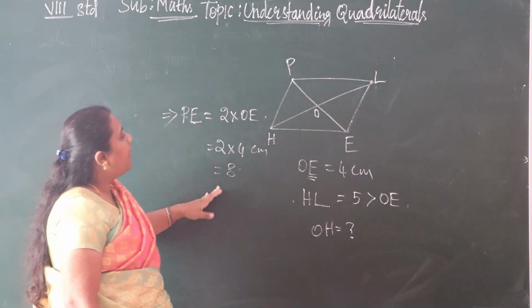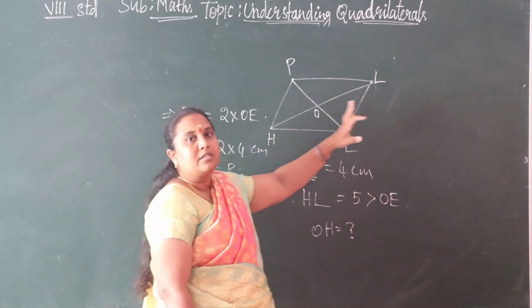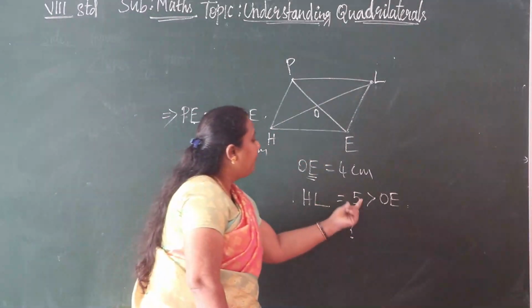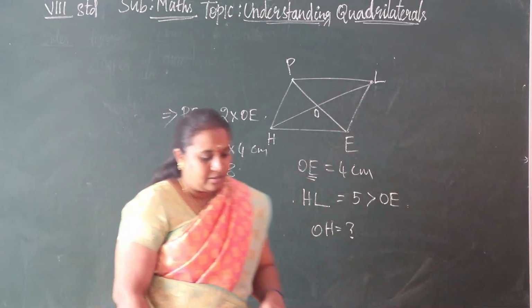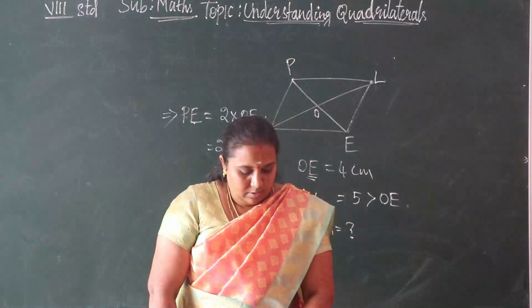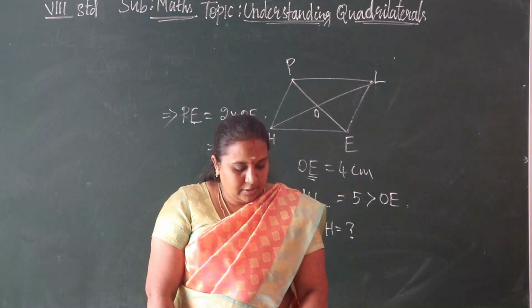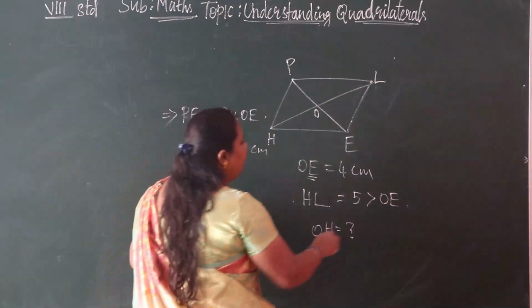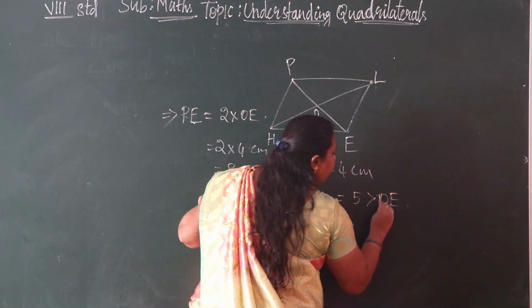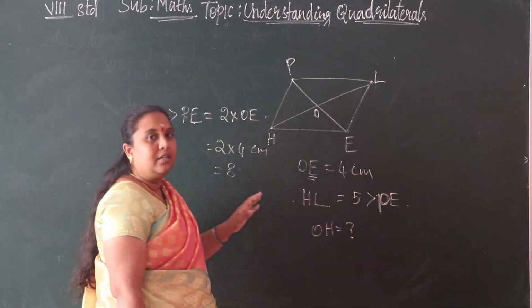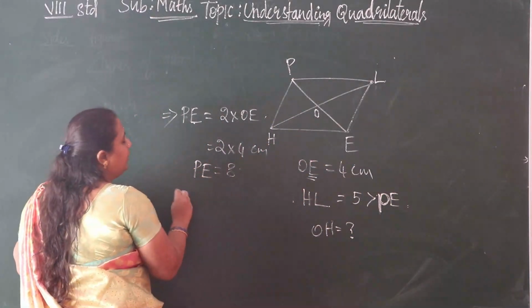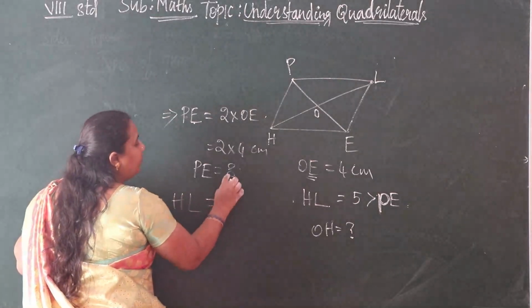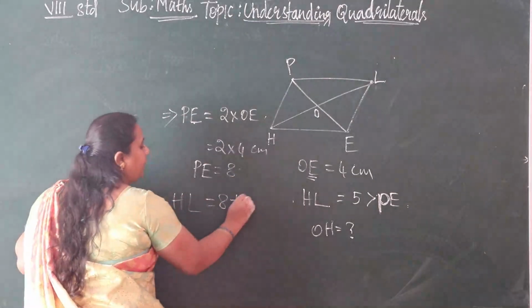So then we find out HL, which is 5 greater than PE. Sorry, children, 5 greater than PE here. So here we know PE now. So HL equals 8 plus 5.